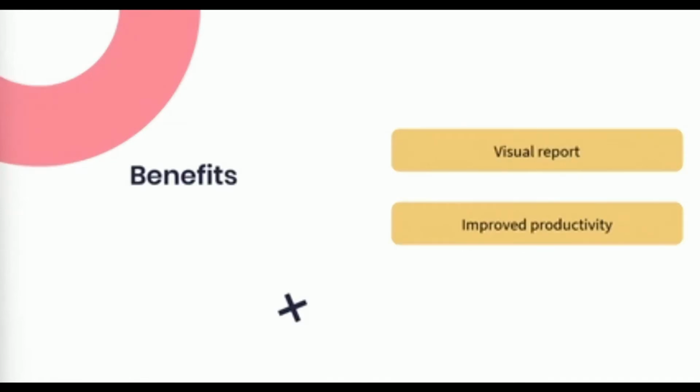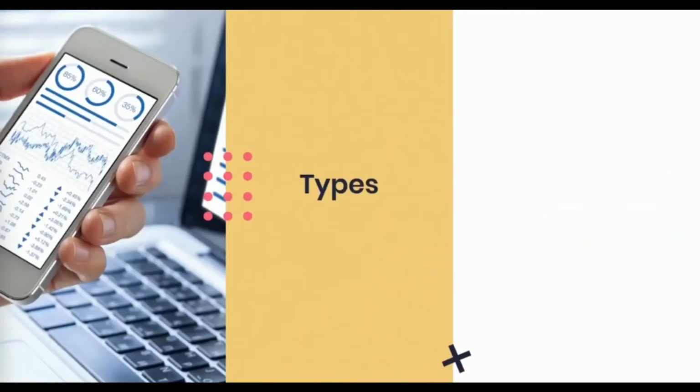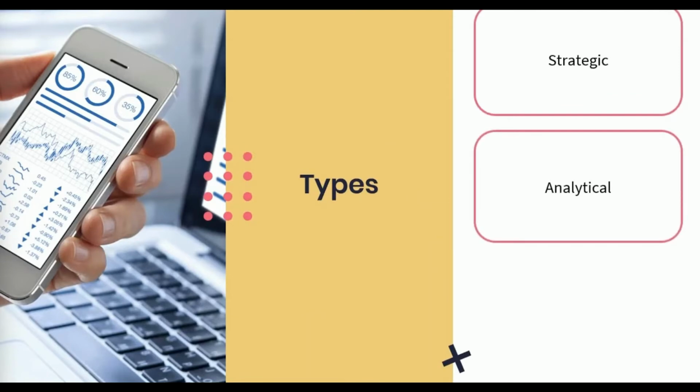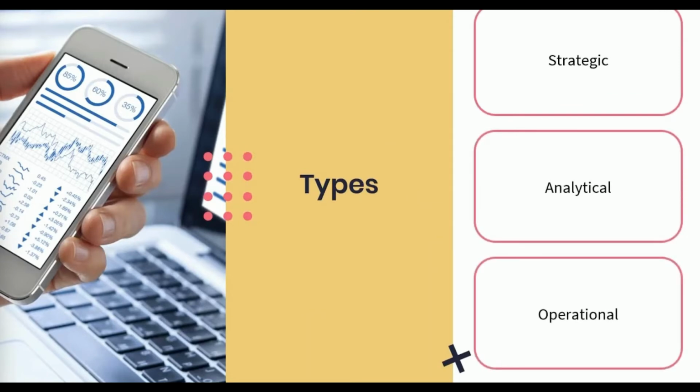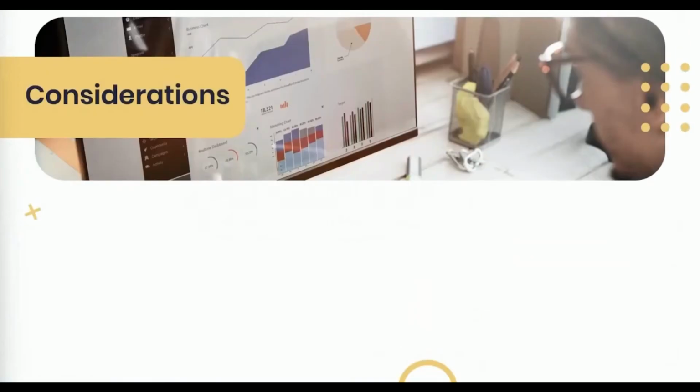As the data on your dashboard automatically updates, you do not need to spend unnecessary time updating one worksheet at a time. Now, there are many different types, but the most common 3 are strategic dashboards, analytical dashboards, and operational dashboards.